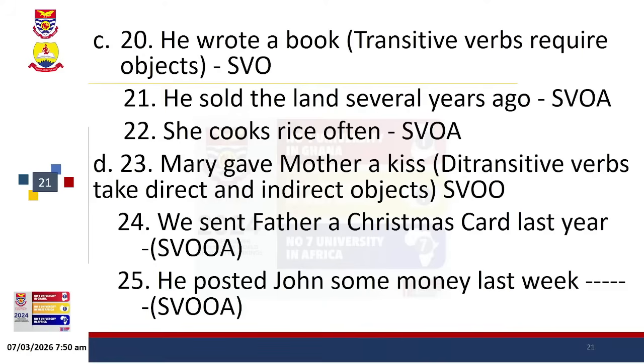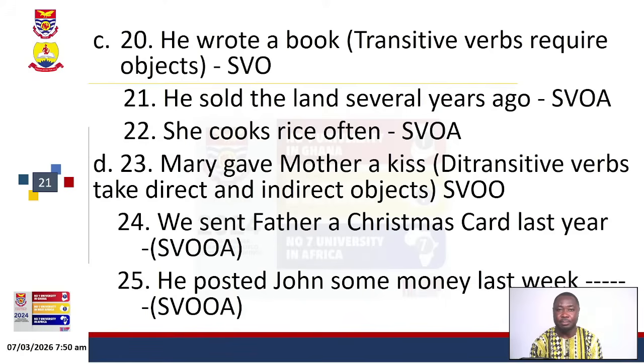So we have subject, verb, object, and adjunct. Subject is he. Sold is the verb. The land is the object. That is what he sold. And the time, that is the adjunct. Several years ago. Why are 3 words being understood as just one element? It is because several years ago is what is telling us the time.